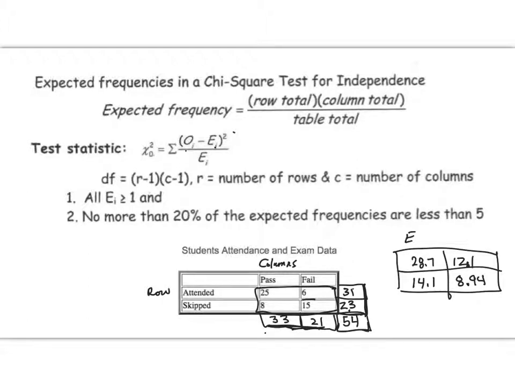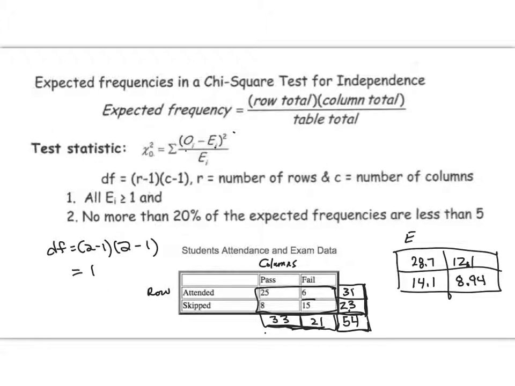It's the number of rows minus 1 times the number of columns minus 1. In our case, we have 2 rows, so 2 rows minus 1, and 2 columns, so 2 columns minus 1. That's 1 times 1, so our degrees of freedom in this case are only 1.